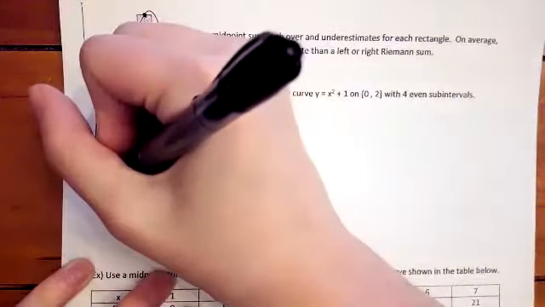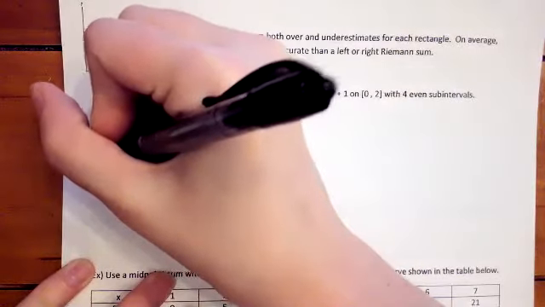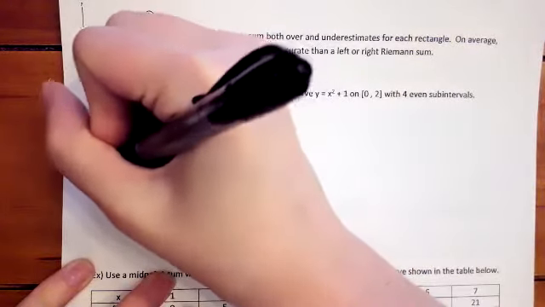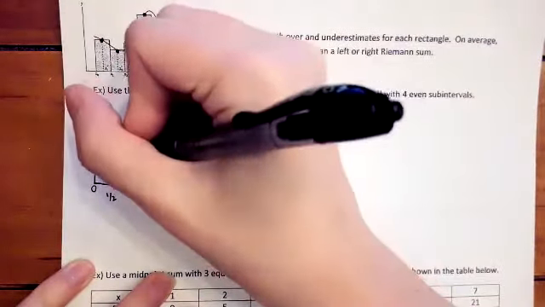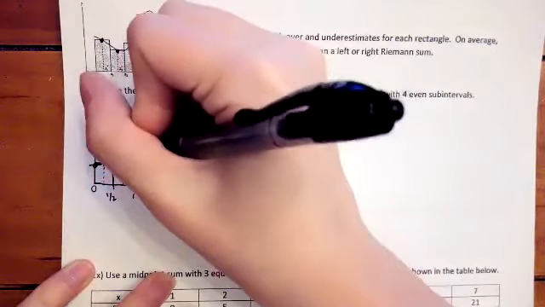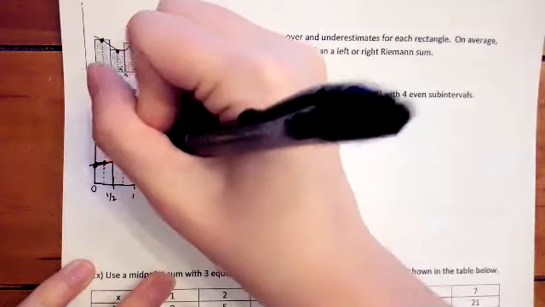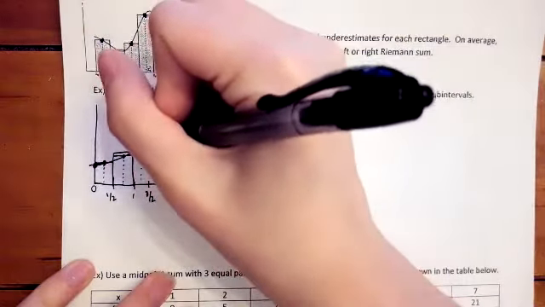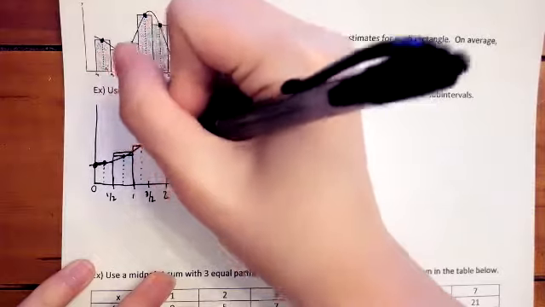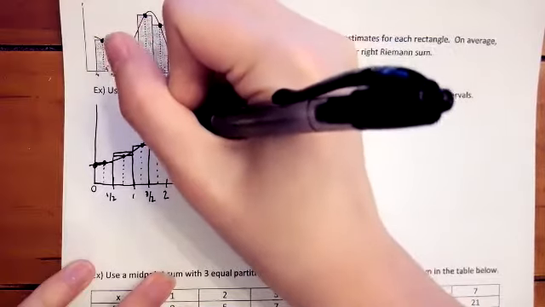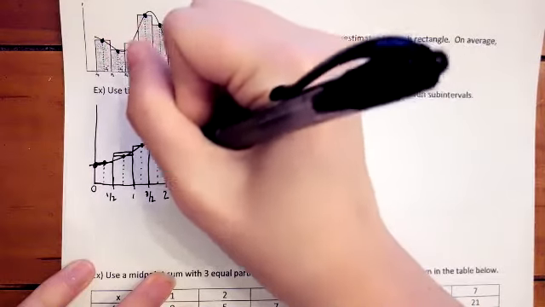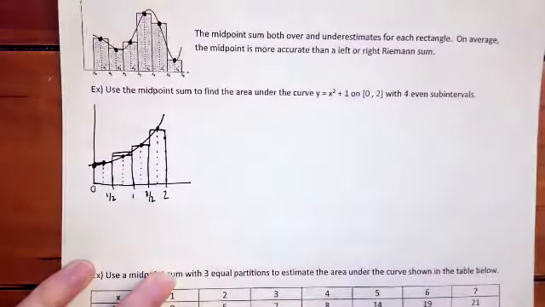So my first rectangle is going to go from 0 to 1/2 with my midpoint touching the graph. Same thing from 1/2 to 1. Between 1 and 3/2. And between 3/2 and 2.